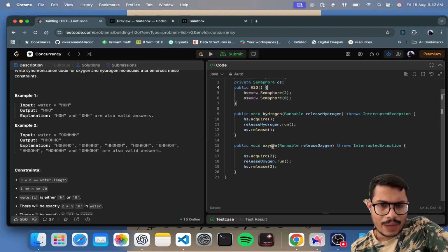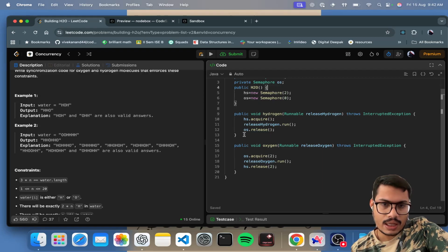In order to release an oxygen, I'll apply acquire with two permits on the oxygen semaphore. What does this indicate? It indicates that I need two hydrogen. Only if I know I have two hydrogen can I release the oxygen.